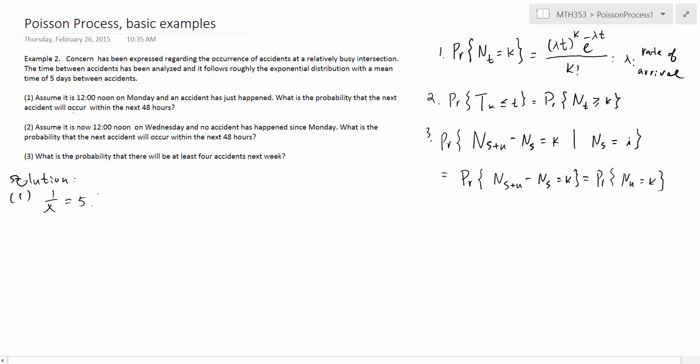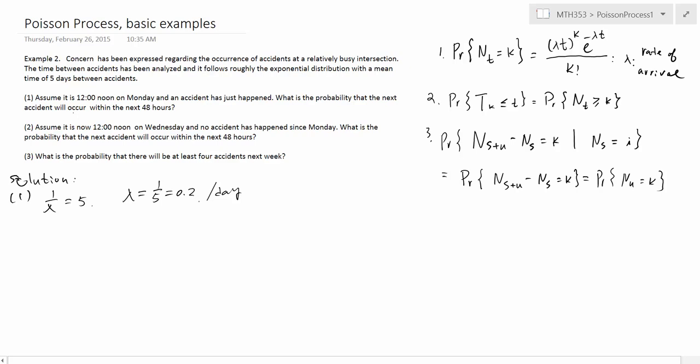In fact, we can clearly see that the rate of arrival lambda is simply 1/5, or 0.2, and that's the number of accidents per day. And that's what we have, right?